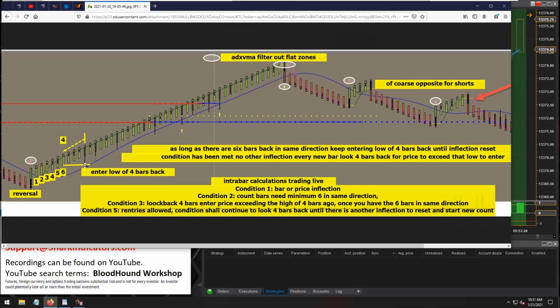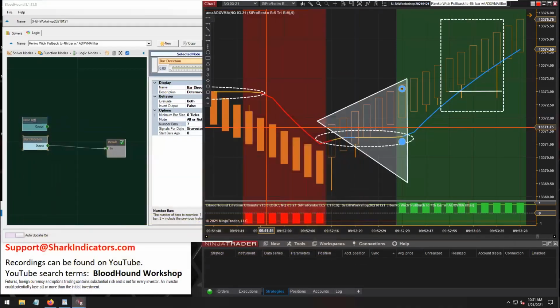We don't want to wait for price to move back up and the bar to close and then get the signal, because price is already way up here. We want the signal to occur down here. So this has to happen in real time. So we need to make another adjustment to BloodHound in order to get this to work in real time.